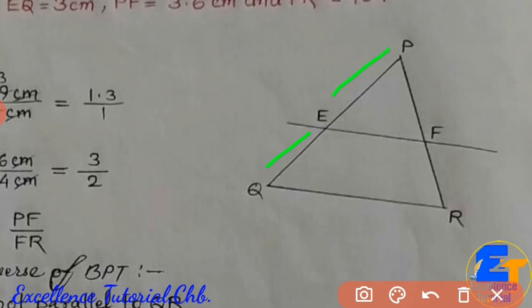In the same way, on the right hand side, PF was also given, FR also given. So if the length of each part is given in the question, we can easily find out the ratio of this part as well as this part, isn't it? But in this question, how is it different?